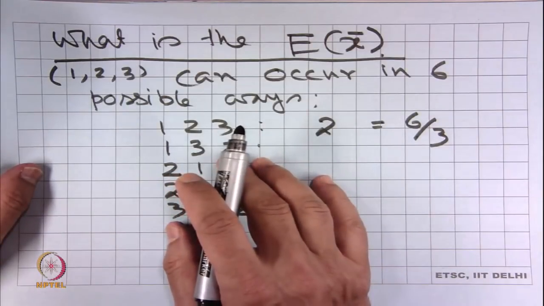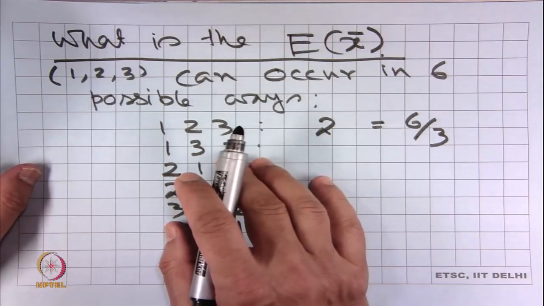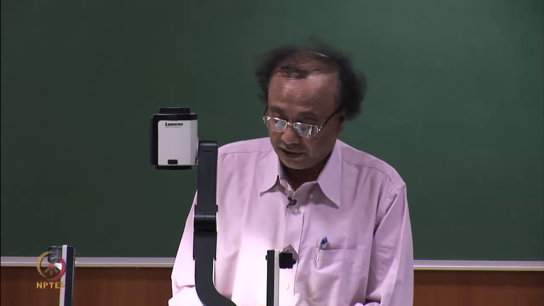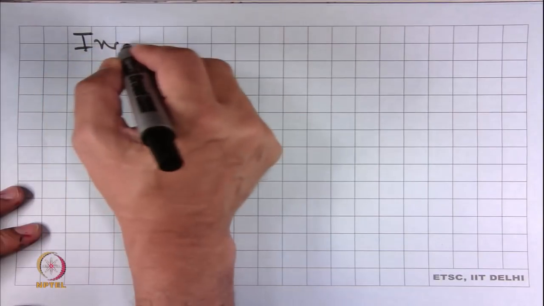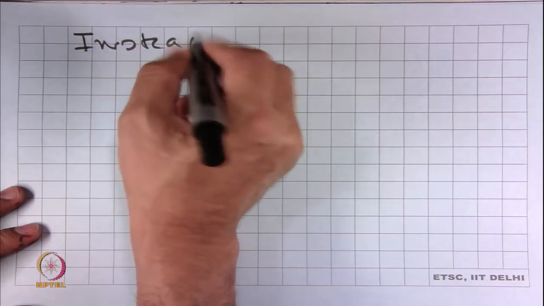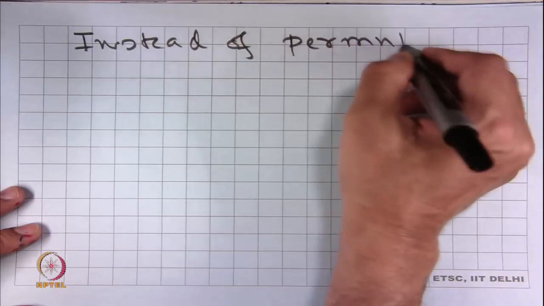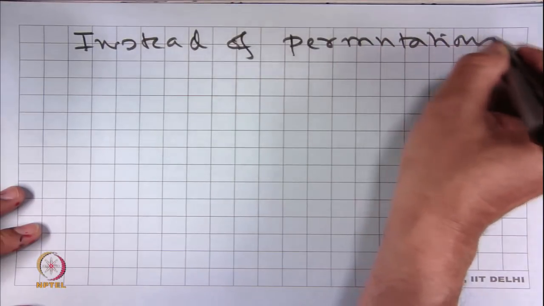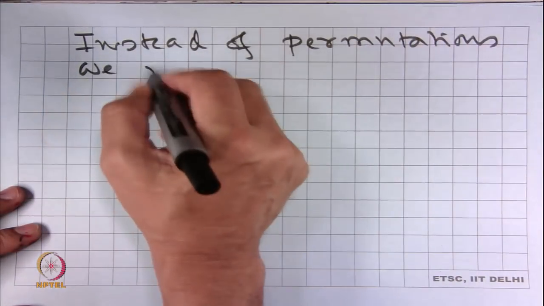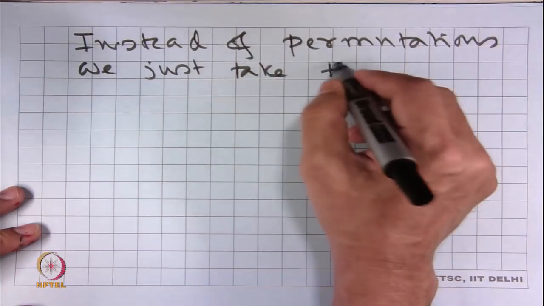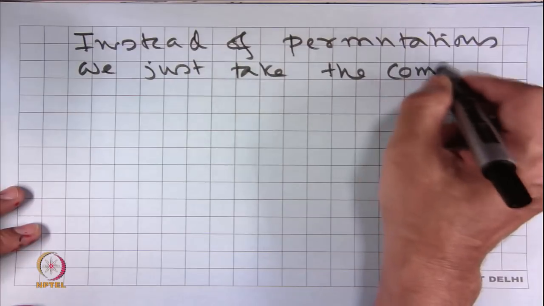Therefore, in order to make the calculation simple, instead of permutations, we just take the combinations.